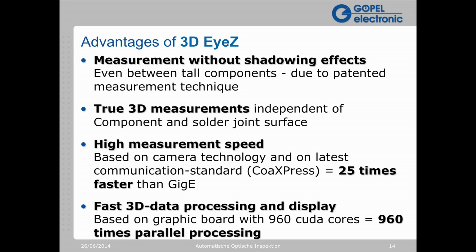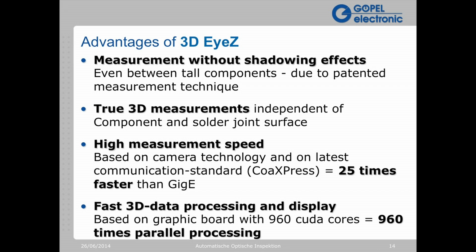So even between tall components, due to the patented projection and camera arrangement, we can see down between even the tallest components. We can see between even the most tightly packed and high-density assemblies, and we're able to produce measurements across the entire board without effect of shadowing.